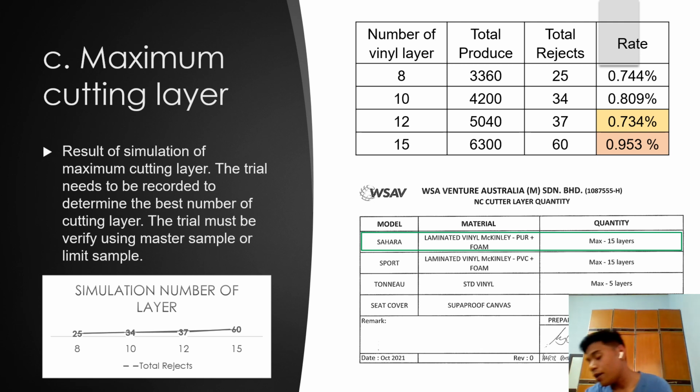We produce and we count the reject, so we know the rejection rate for each layer. The lowest rejection rate is on 12 layer, and we suggest to production site, so they approve that the maximum layer can go up to 15 layers, and the best cutting layer is 12 for them.